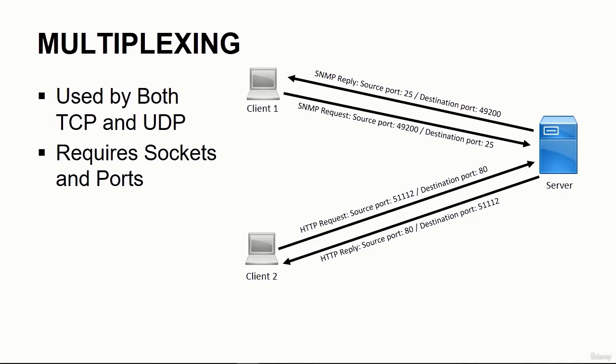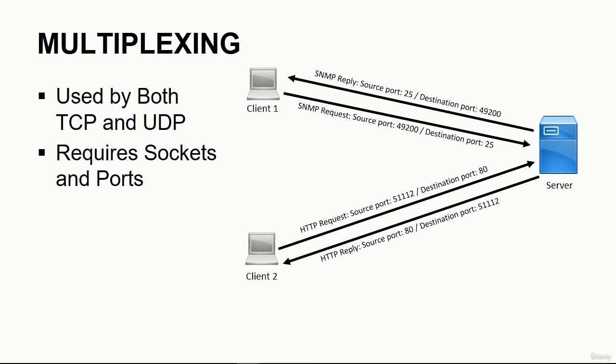So here we see an example of multiplexing, which is concurrent application processes. Each of the concurrent application processes requires its own socket, again, which is going to be the IP address, the protocol, and the port. And here in this example, the two hosts each have a socket connection open to the server. The server is multiplexing two open socket connections, one to client 1 and the other to client 2.